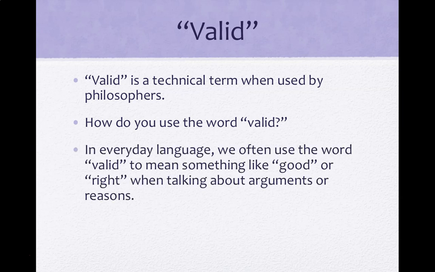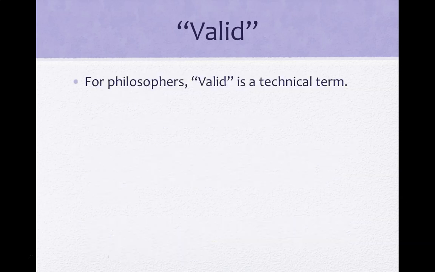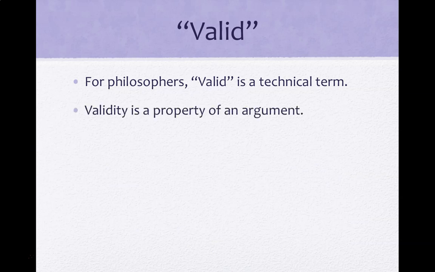In everyday language, we often use the word valid to mean something like good or right when talking about arguments or reasons, okay? So I might say, your reason is valid when I mean something like, that's a good reason, or I agree with you, all right? However, as I said just a moment ago, for philosophers, valid is a technical term.